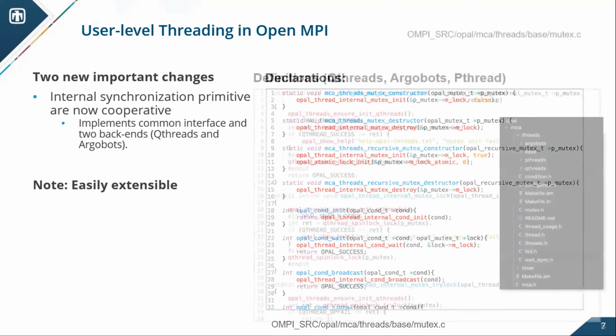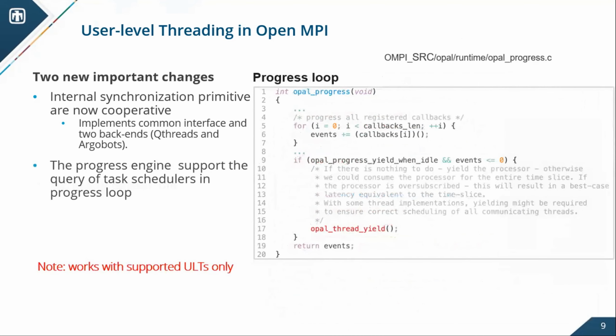And then we added one more thing that is important. We added this extra line that is marked here in red, and the comment as well, called opal_thread_yield. The OPAL, the Open Portable Access Layer, adds a call to a generic interface function called opal_thread_yield, which yields the current executing task back to the runtime.